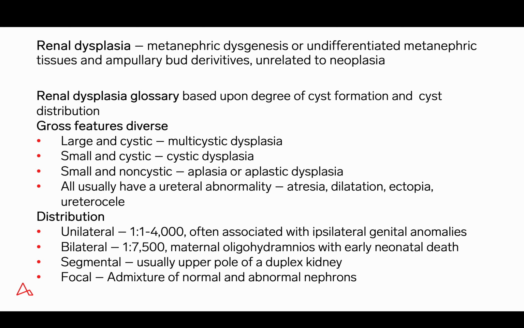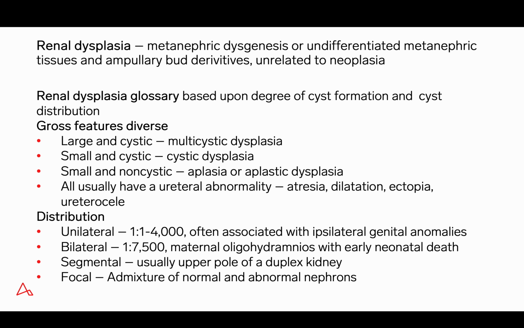There is a glossary of renal dysplasia based on degree of cyst formation and cyst distribution, and although these terms are not strictly applied, I have listed here the common usage of these various terms, and they're really just adjectives affixed to dysplasia. So for instance, if the kidney is large and cystic, multicystic dysplasia is usually employed.